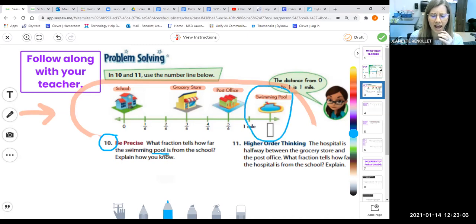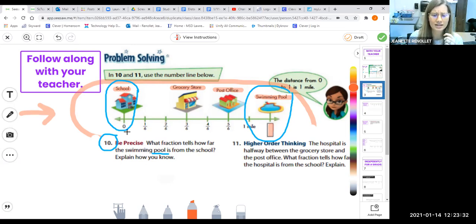How far the pool is from the school. Okay, here's the school. I notice the school is at the 0 tick mark, and I am not sure what the fraction is for the swimming pool. We have to find that. It's missing.